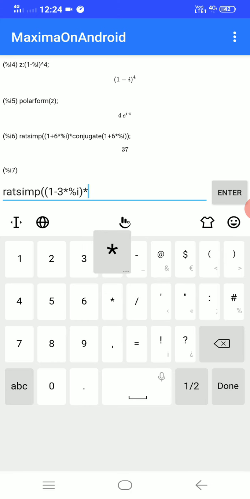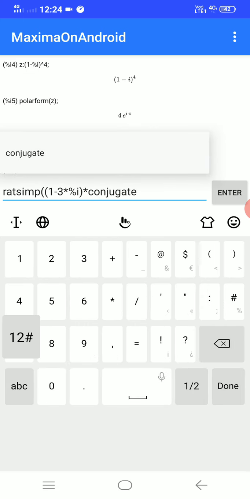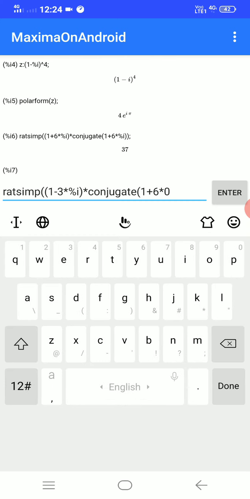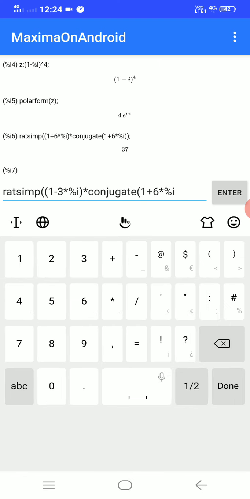This is the conjugate of 1 plus 6i, so it is written as conjugate of 1 plus 6 star percentage i, bracket complete, divided by 37, bracket complete, then enter.